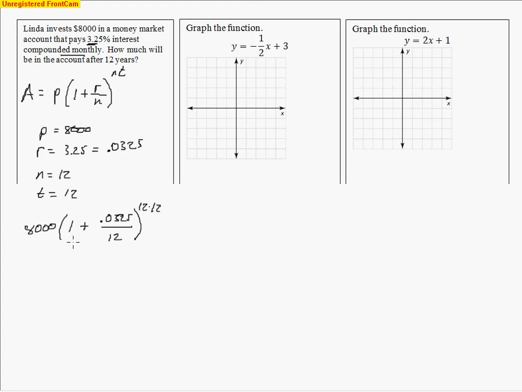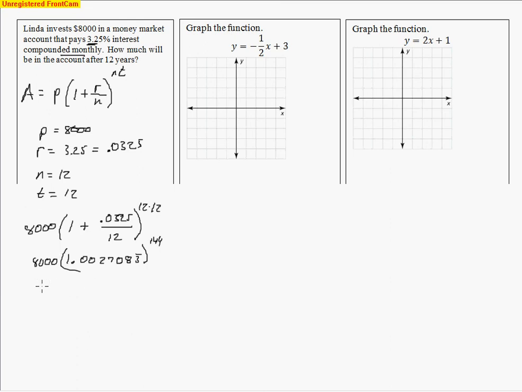And so we go ahead and do that work, and when I do this work right in here, I end up getting 1.002708, and then 3 repeats. And this is all brought to the 144th power. And then I multiply it by 8,000.